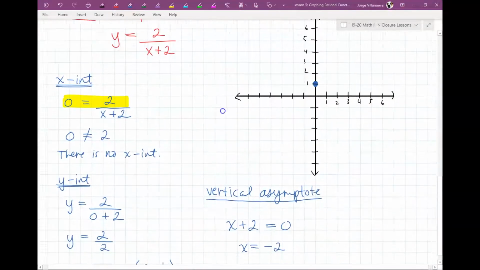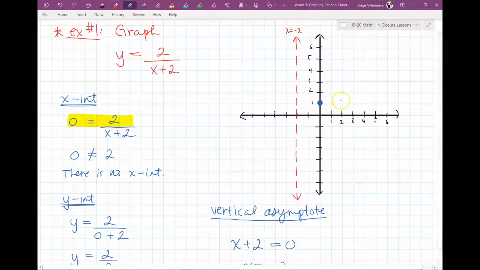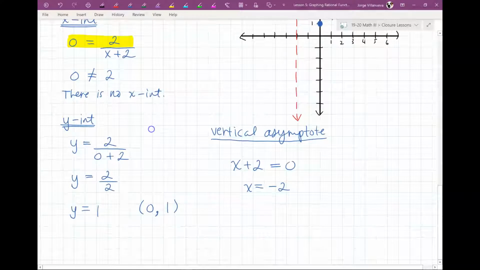So I'm going to go to x being negative 2, and I'm going to draw a vertical asymptote. Here it is at negative 2. And I'll even label it for you: x equals negative 2. That way you know exactly what that is. And I'll even label that point that we have over here. It's 0, 1.